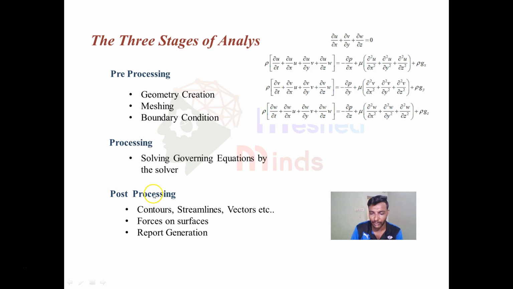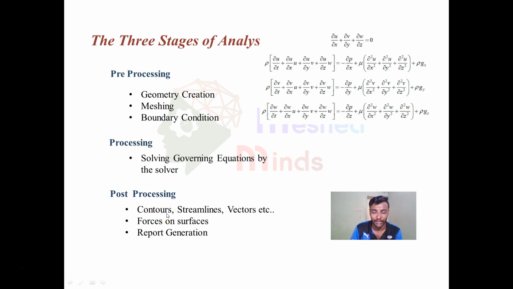Once the solution has been done, we come to the post-processing stage. It is in this post-processing stage that the results are going to be converted in the form that we can understand, in the form of contours, streamlines, vectors, or whatever you want them. It can also be quantitative results. So results are actually two types, qualitative and quantitative. Qualitative will be in the form of image, in the form of a contour or a streamline or a vector, and quantitative will be in terms of numbers.